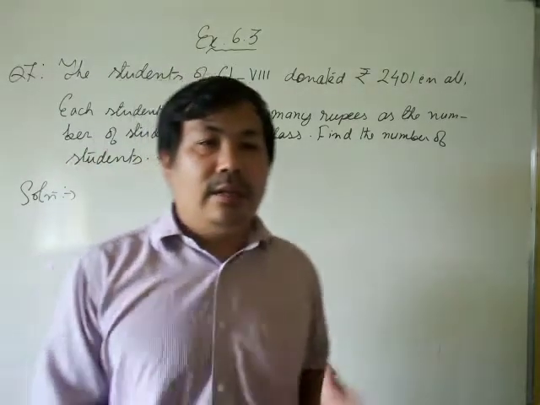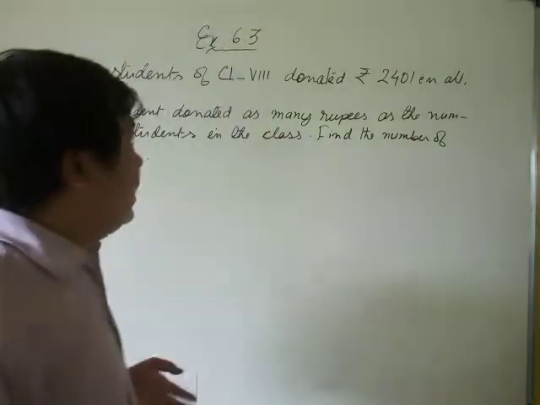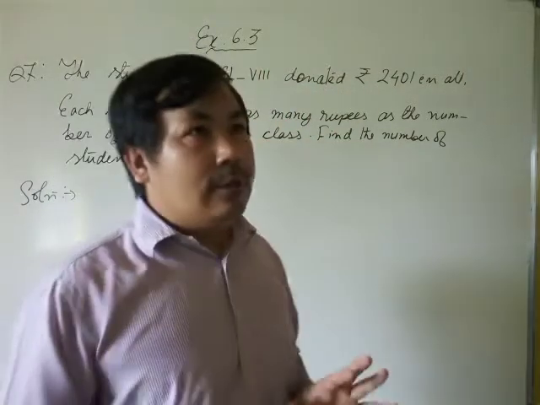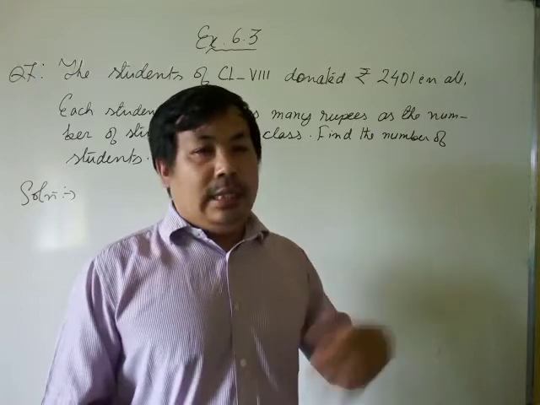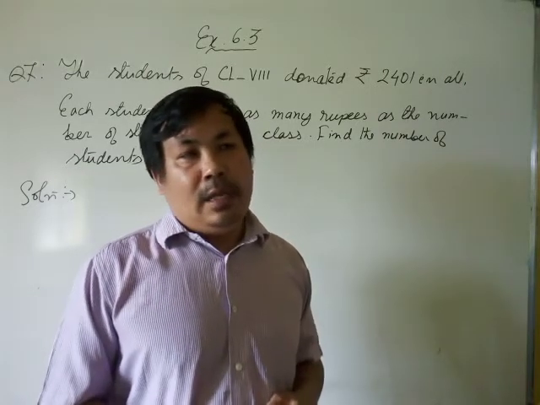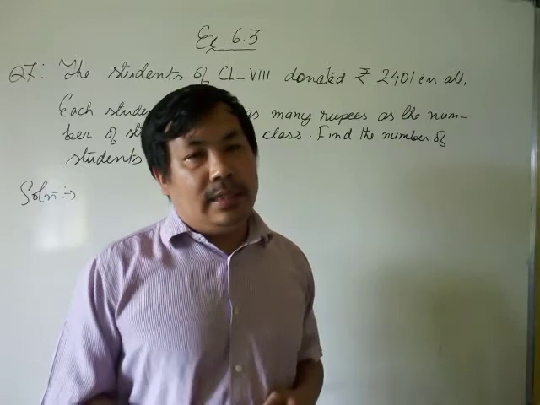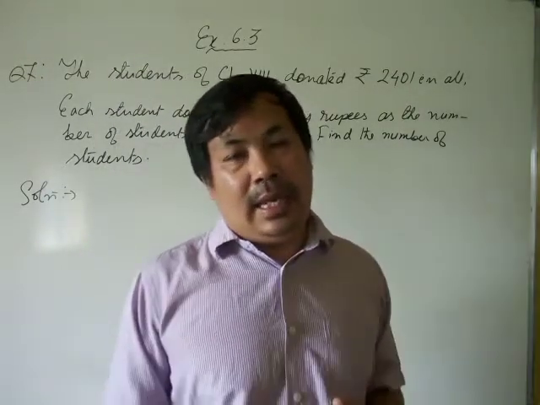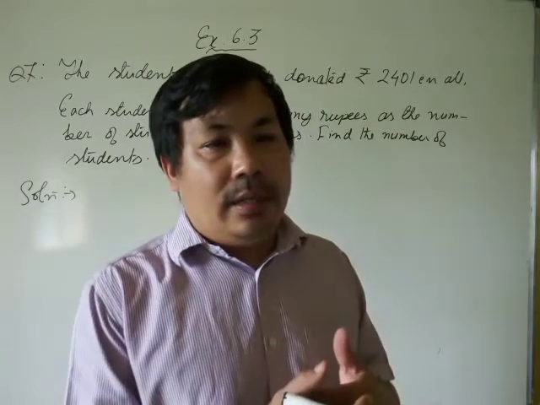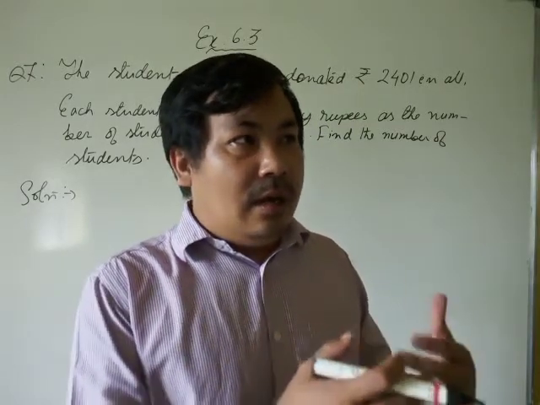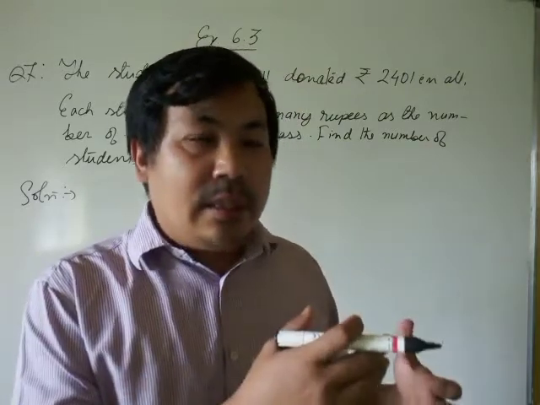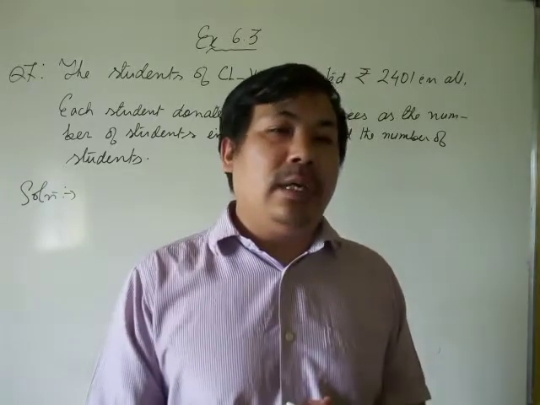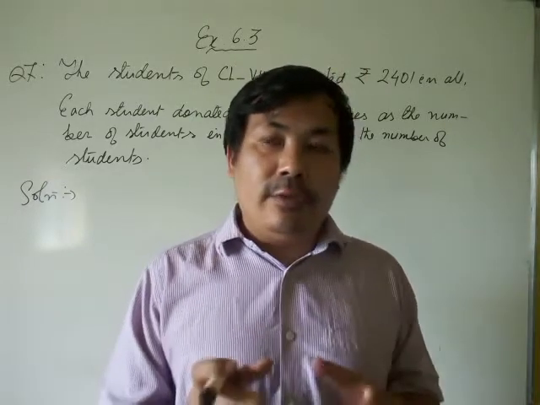Okay, my dear students, here you see question number 7. Question number 7 says that the students of class 8 donated rupees 2,401 in all to the Prime Minister's Relief Fund. But one condition is given here: each student donated as many rupees as the number of students in the class.